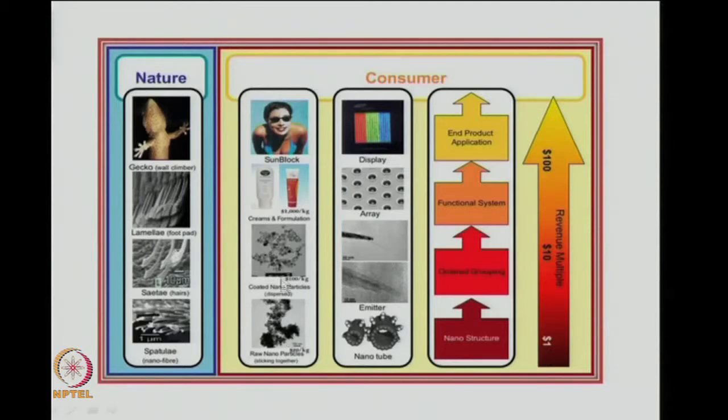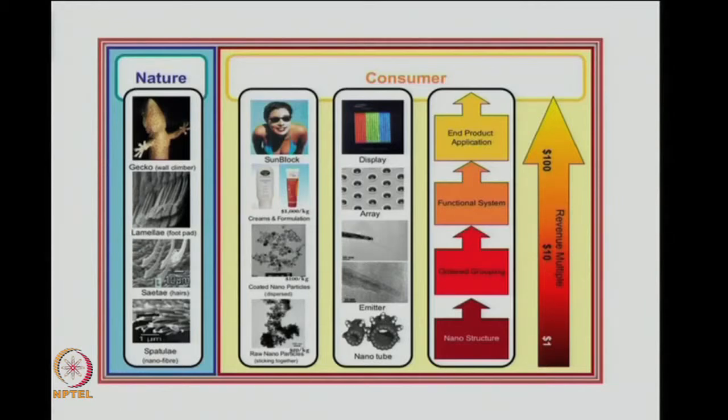There is a lot of change as you go along this chain, and if you look at it from the economics point of view, you start with these nanostructures. They may have some cost, but as you turn towards the finished product, there is a lot of engineering and manipulation which goes in, and the cost of the final product of course becomes much higher.